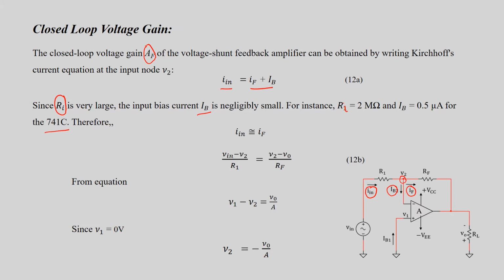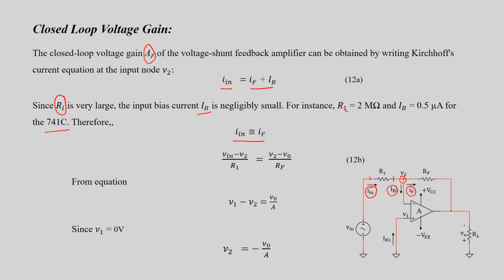So we can write In equal to If. We can neglect Ib. We can also write In, which is the input current, in terms of V by R, because it is a current going through resistance R1.